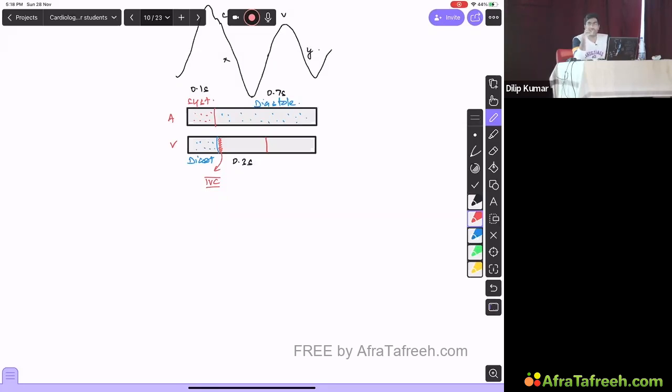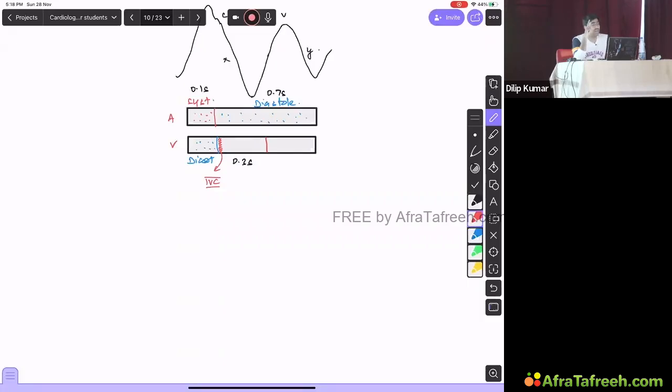Why? Because the pressure in the aorta and the pulmonary artery is relatively higher. So what is the pressure in the ventricle during diastole? It's somewhere around 5 to 10 millimeters of mercury. But what is the pressure in the atrium? Even in systole, it is 5 to 10 only. Atrial pressures are very low. So as soon as the pressure in the ventricle goes above 5 or 10, your tricuspid and mitral valves will close.